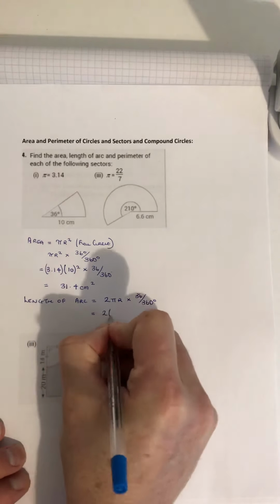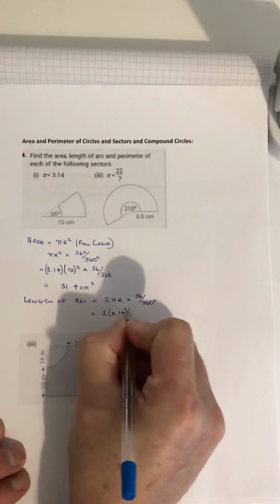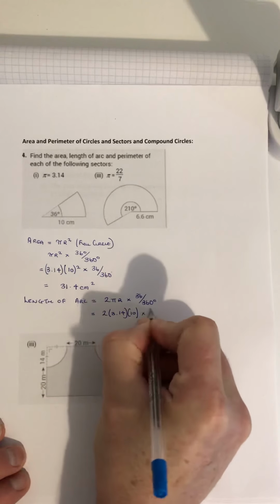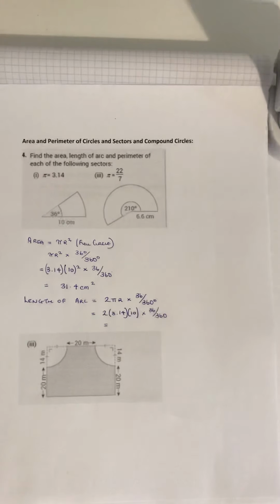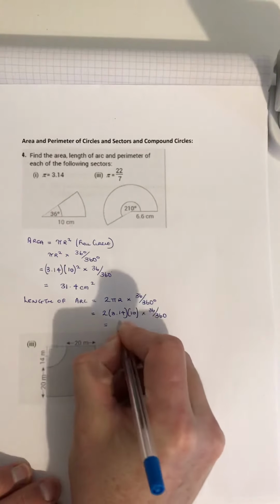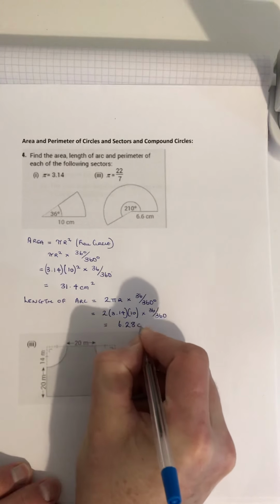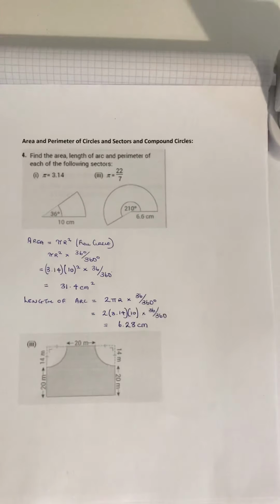So 2 times 3.14, the radius is 10, multiply that by 36 over 360, and you get 6.28 centimeters.